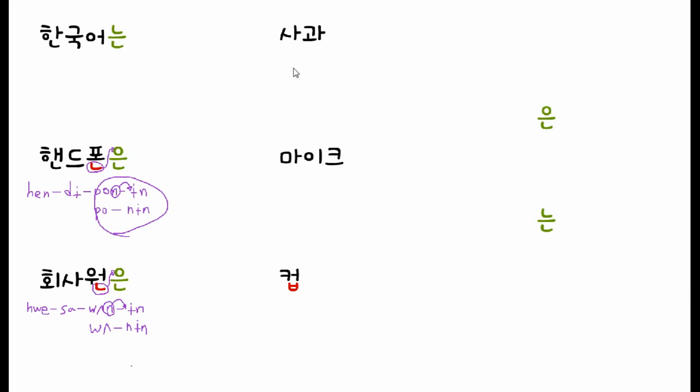And then this one, 사과. 사과 means apple. Since this doesn't have a last consonant, this one will come right behind. 사과는.